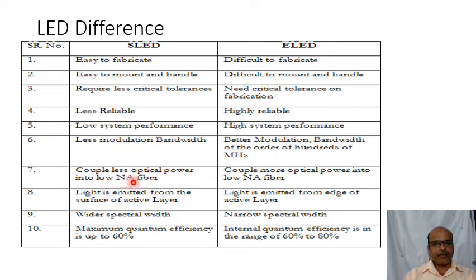Couples less optical power into low NA fiber, here couples more optical power into low NA fiber. Light is emitted from the surface of the active layer, light is emitted from the edge of the active layer. Wider spectral width, and here narrow spectral width.